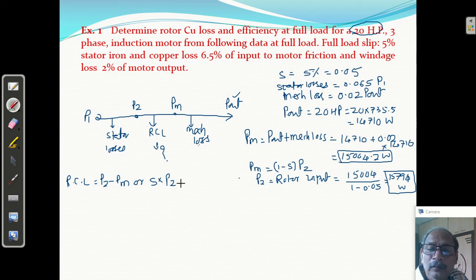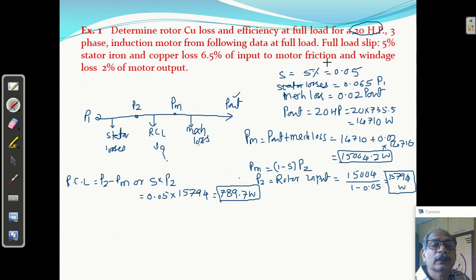Rotor copper loss equals 0.05 into P2, which is 15,794. I am getting 789.7 watt. That is the rotor copper loss. This is your first answer.